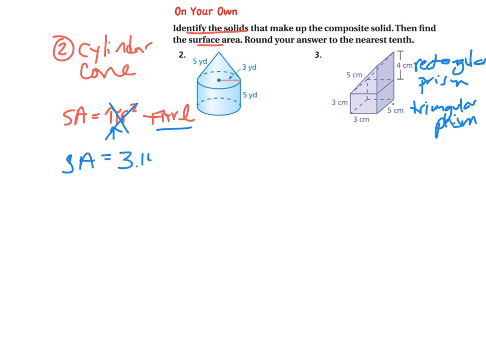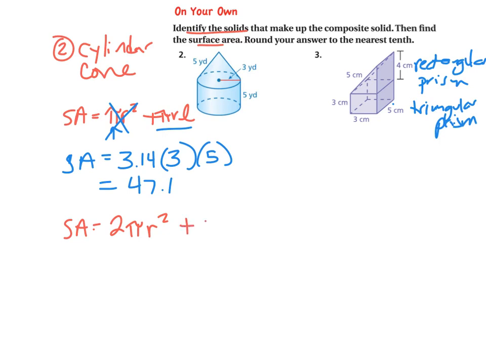Okay, so the cone surface area is 3.14 times, what's the radius? 3 yards. And the slant height is 5. So the surface area of the cone would be 3.14 times, what's 3 times 5? 15. So 3.14 times 15 would give you 47.1. So now let's do the cylinder. The surface area for a cylinder equation is 2 pi r squared plus 2 pi rh.